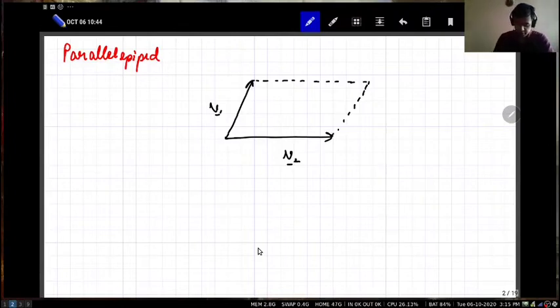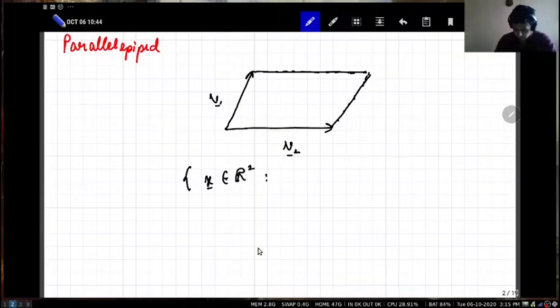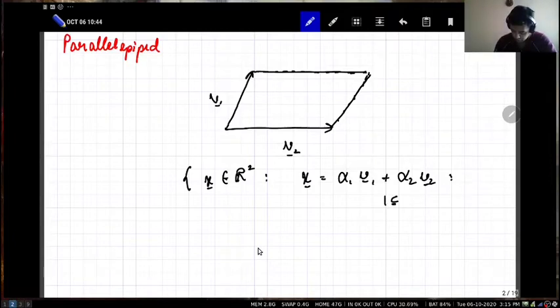So we know that this side must be parallel to v1 and this side must be parallel to v2, and basically it doesn't take much effort to see that this parallelogram is basically the set of all points x in R2 such that x can be written as alpha 1 v1 plus alpha 2 v2 for all alpha 1 and alpha 2 which are between 0 and 1.